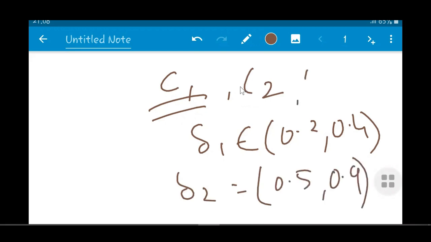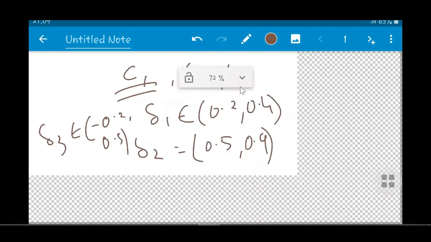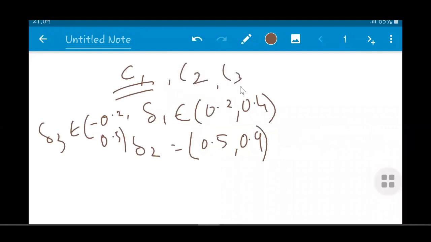Again, suppose 3 are there, del 3 to be within minus 0.2 to plus 0.5. As you may see, what are these ranges? As I said, if you give this amount of changes, then the optimality remains as it is. If I do not stay within this amount of changes, the optimality will be damaged. So this is the variable range for which a delta 1 change in the C1 variable will not affect your solution.